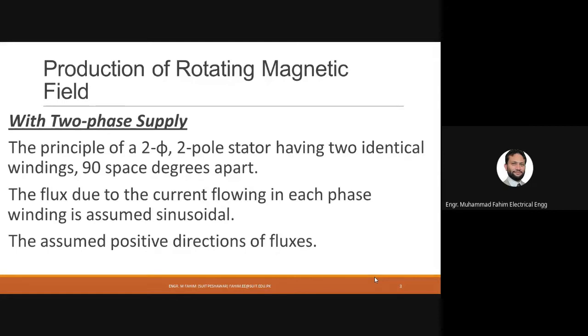Production of rotating magnetic field with a two-phase supply. Bear in mind the rotating magnetic field is only produced by a three-phase supply and a two-phase supply, and there is no production of rotating magnetic field by a single-phase supply.